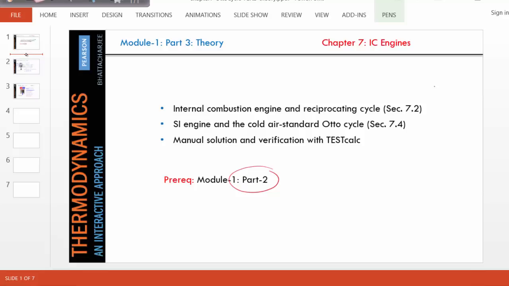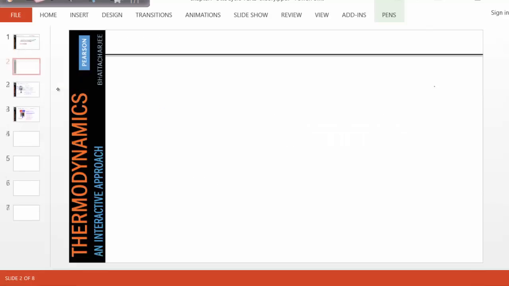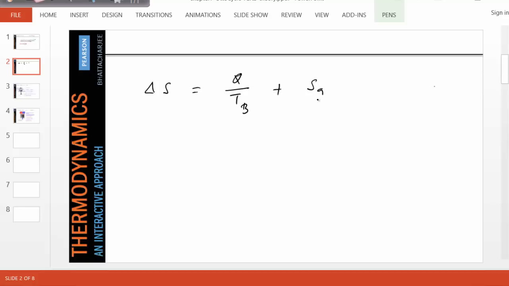Okay, let's introduce a new slide here. Why is compression isentropic? If you write the entropy equation for a closed process, again we have done this in chapter 5, the compression is so fast that heat transfer can be neglected. As you know, you can run your finger through a flame and your finger will not get burnt.